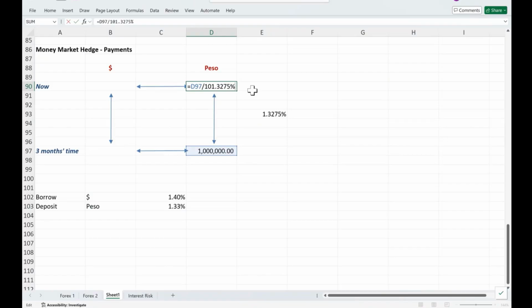So that much peso we need. If we deposit at this rate, after 3 months it will be equal to 1 million peso.